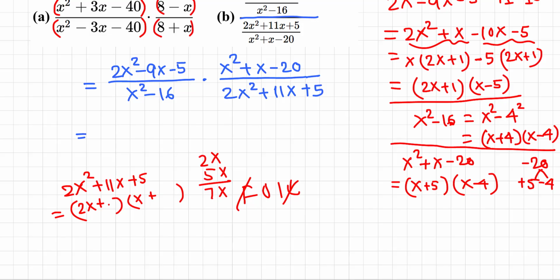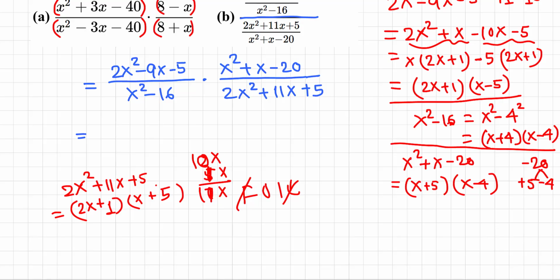Okay, 5 is 1 times 5. If we do this, then 2x times 5, 10x. 1 times x, 1x. 10x and 1x, 11x. And that's correct. So for the first one we did over there, we could have done this type of argument. Or we can always expand into 4 terms and then do the factoring.